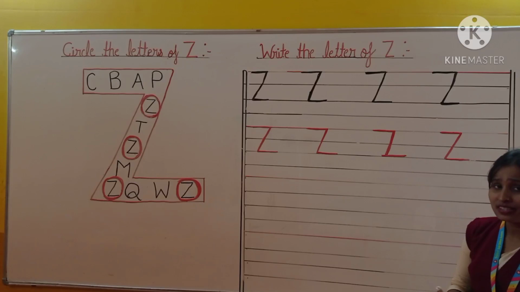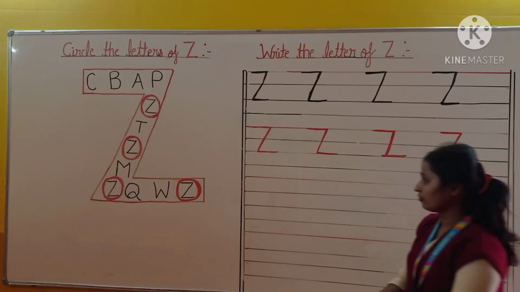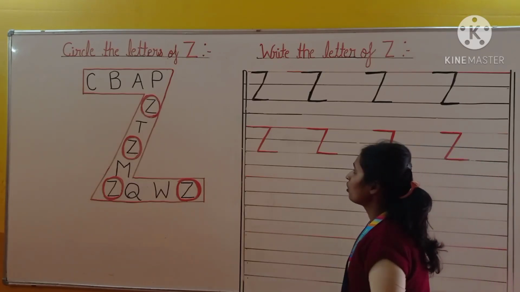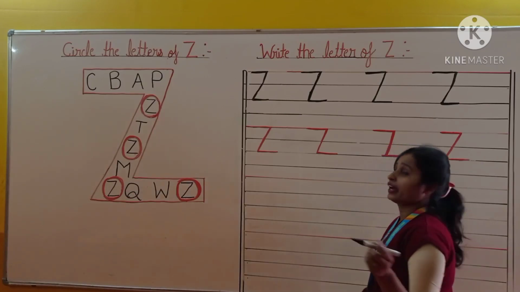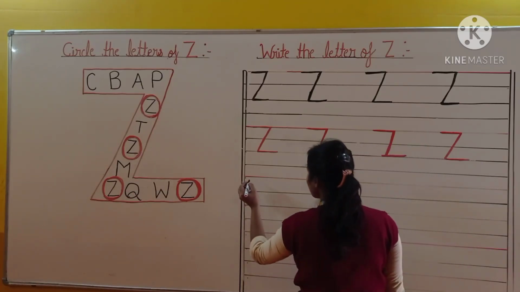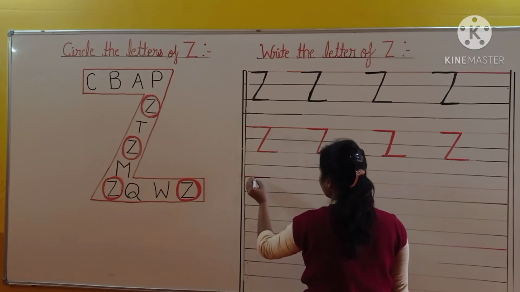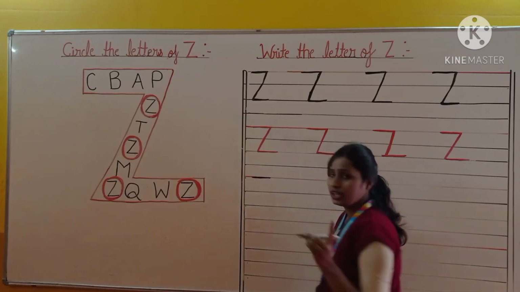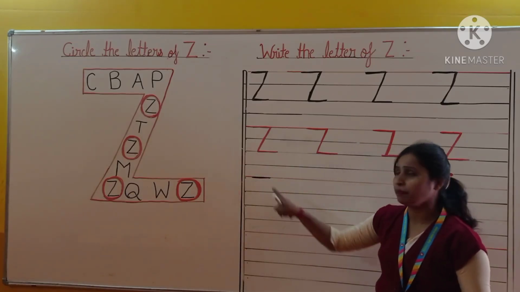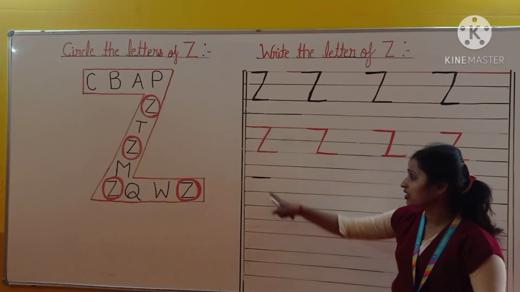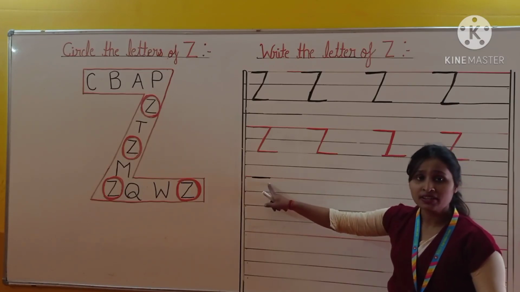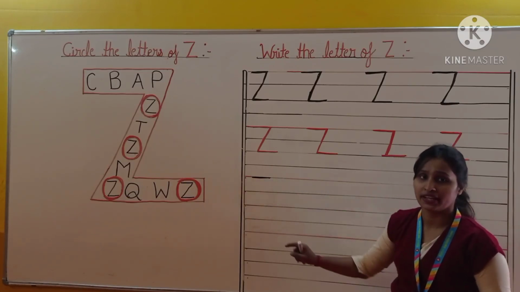Okay. Your next line. Draw a sleeping line. Start from the dot, draw a sleeping line. This is a sleeping line. Okay students, which line? This is a sleeping line.